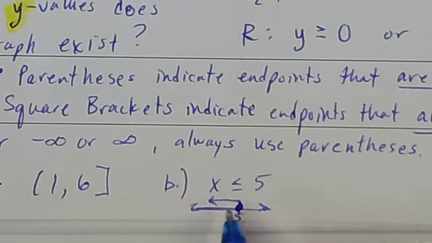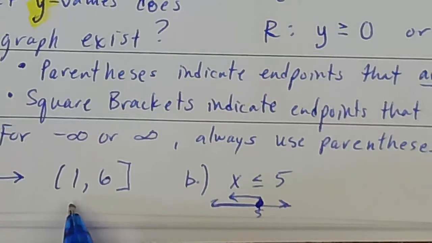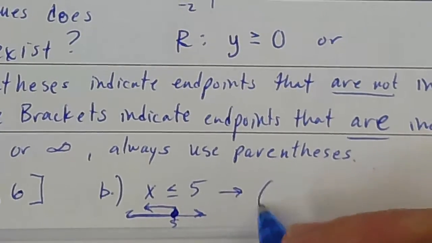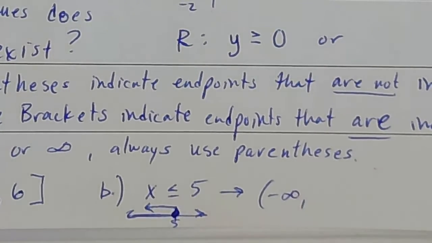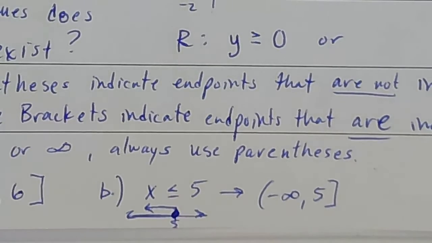So what's the smallest number on this number line? Well, we can't really pinpoint it, but we can say negative infinity. So negative infinity all the way up to 5, left to right format. So parentheses, negative infinity, up to 5, and I'm supposed to include 5. So bracket.